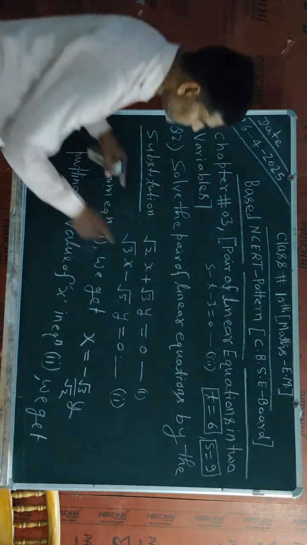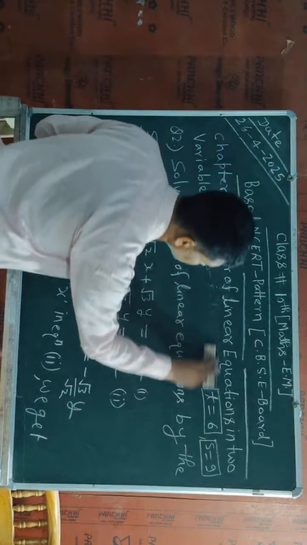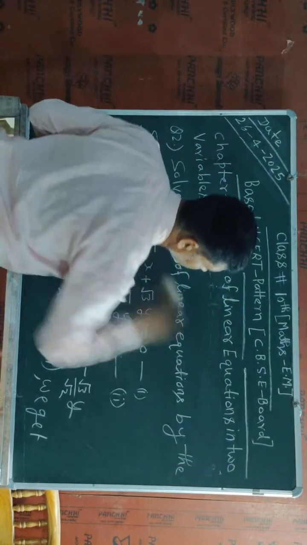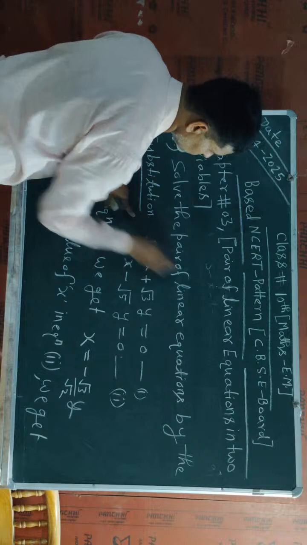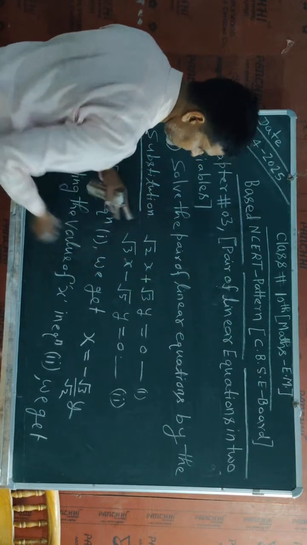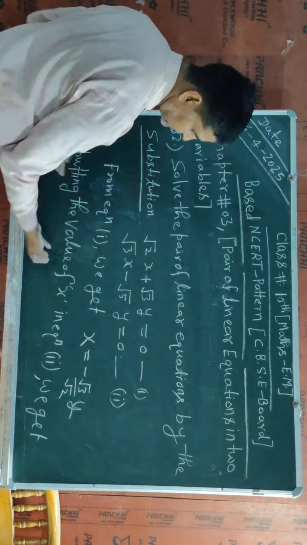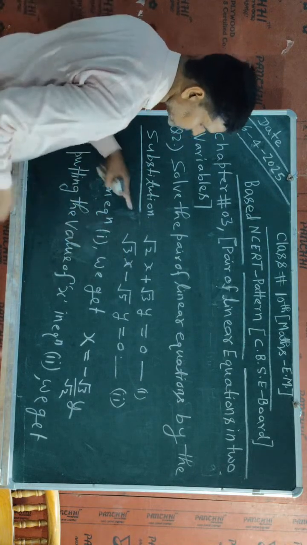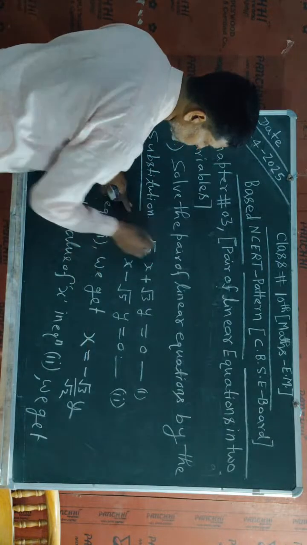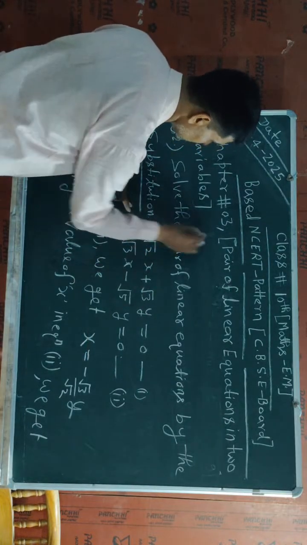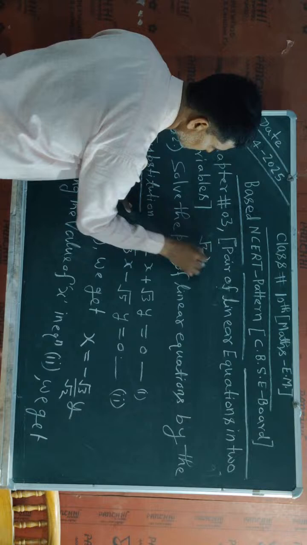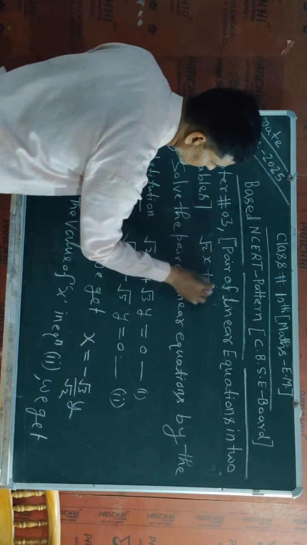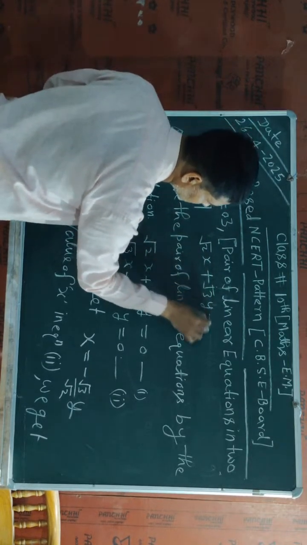Okay, student. Now further, I am saving this because I have already completed that one. I will erase this one, and after that I will apply this concept for getting the value of y from equation number 2. So these two equations I am saving here for further use: root 2x plus root 3y which is equal to 0.